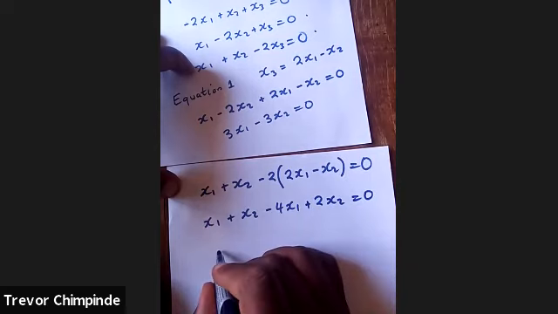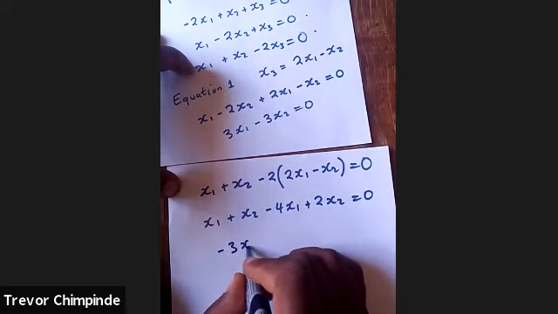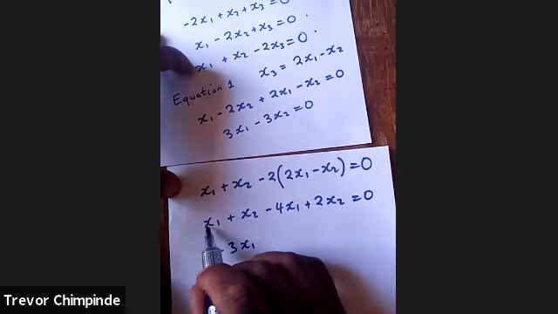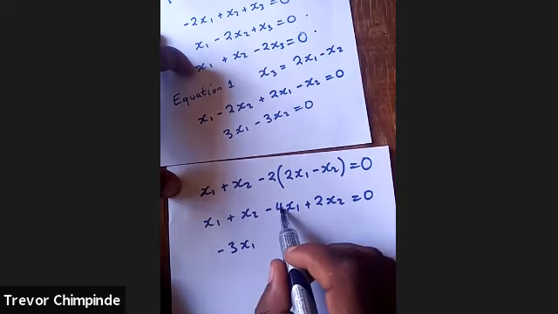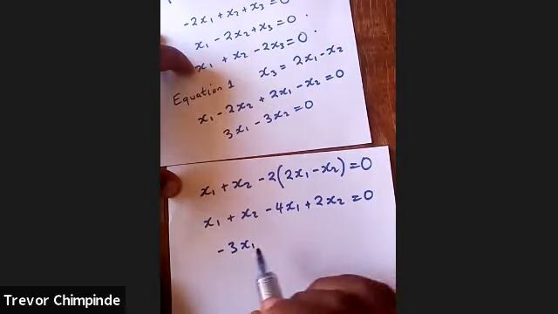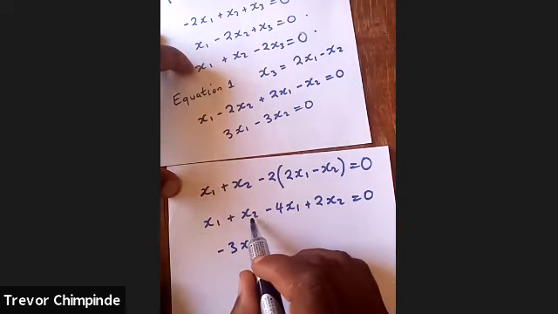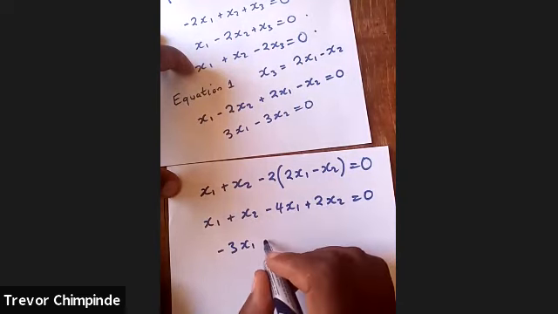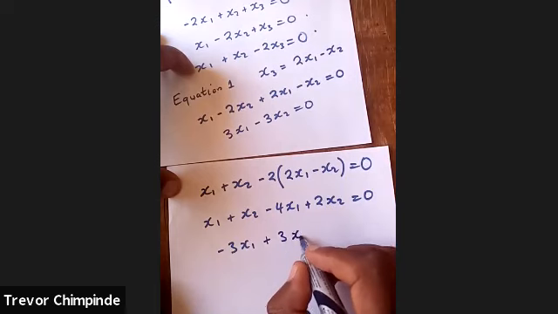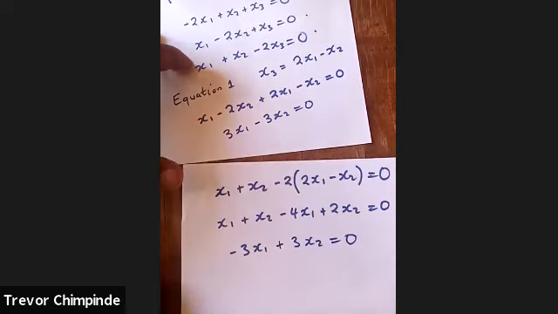Collecting the like terms, x1 minus 4x1 gives me minus 3x1, then x2 plus 2x2 gives me plus 3x2 is equal to 0.